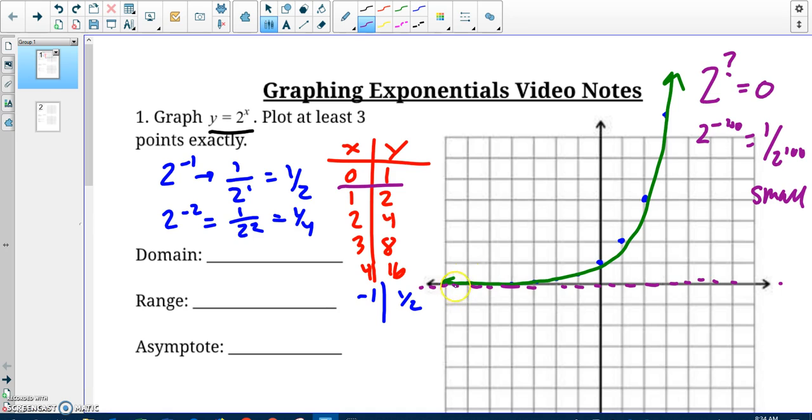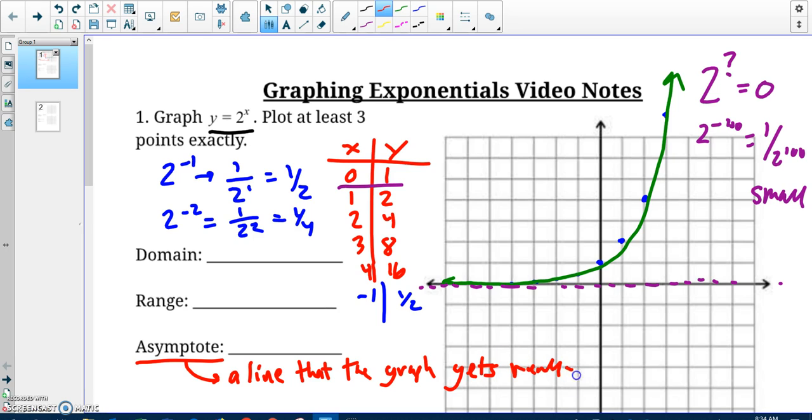Okay? We'll talk about this idea more in class, but there's a name for it, to get really close to something but not touch it. We call that line an asymptote. So all this is a line that the graph gets really close to, but doesn't touch.